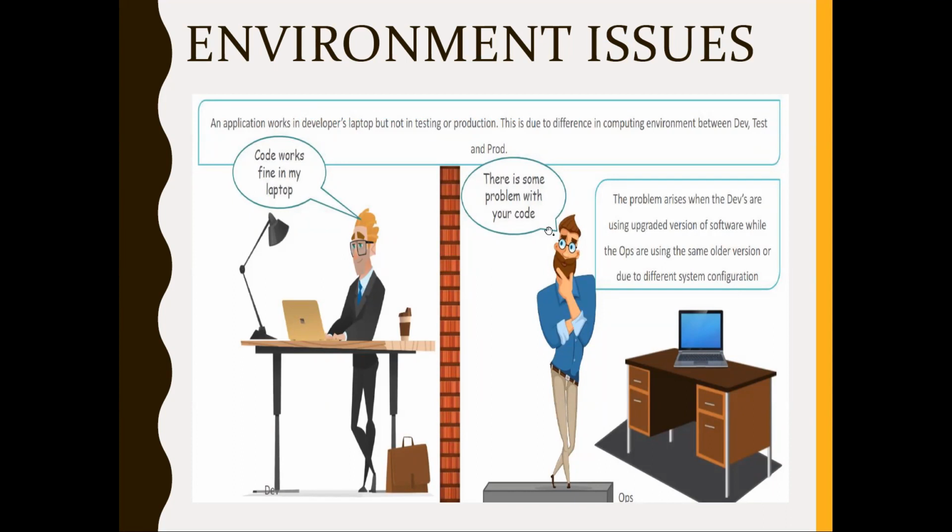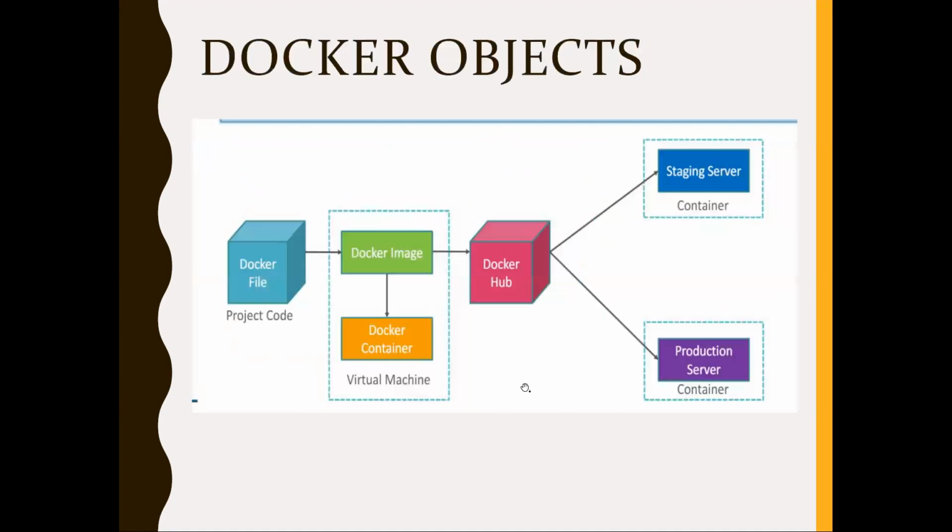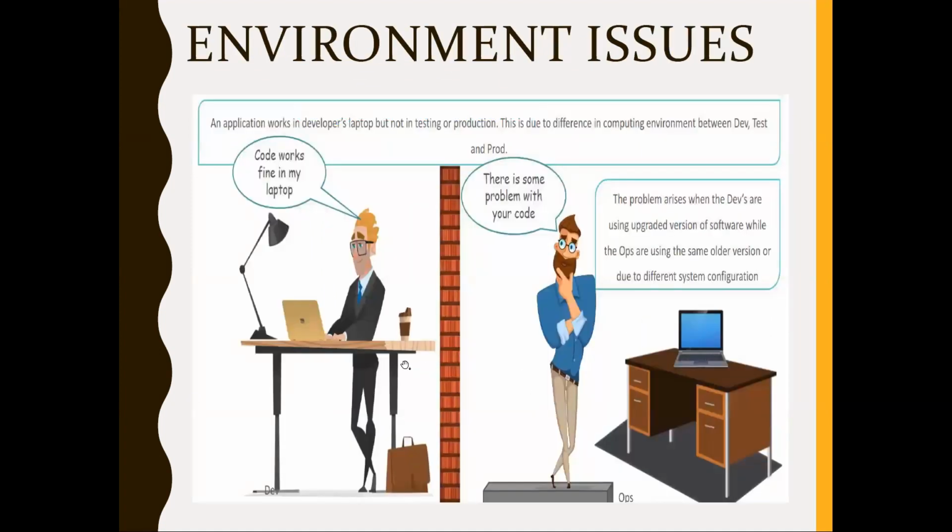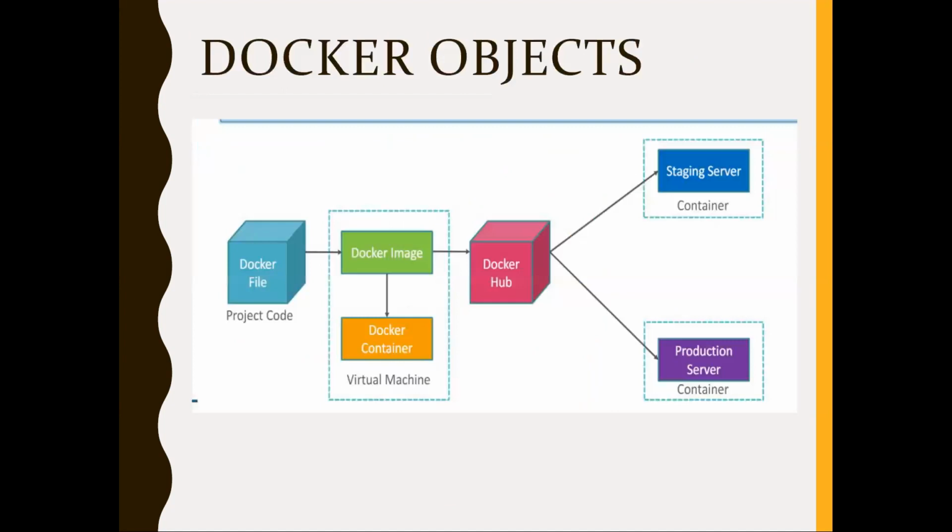That could be the scenario, or else the versions may be upgraded automatically during the system upgrades and all. Right? Whatever be the reason. So how do we handle it? Through a container. You create a container and run the same container across all the environments. Let's suppose developers have upgraded their version. They can again create a new container and share that container with the other teams. So environmental issues can be overcome this way.